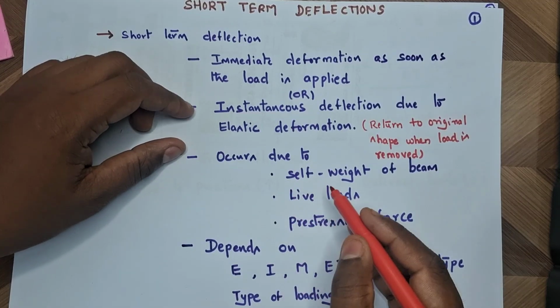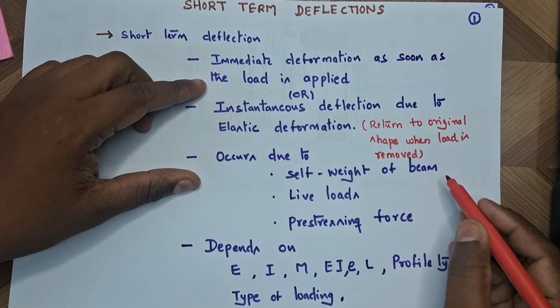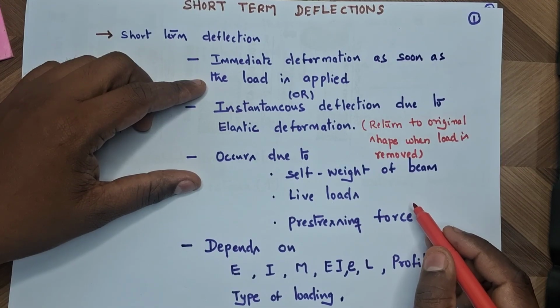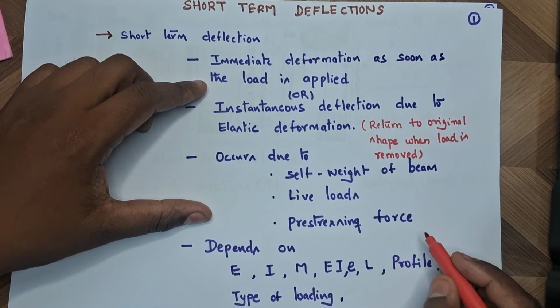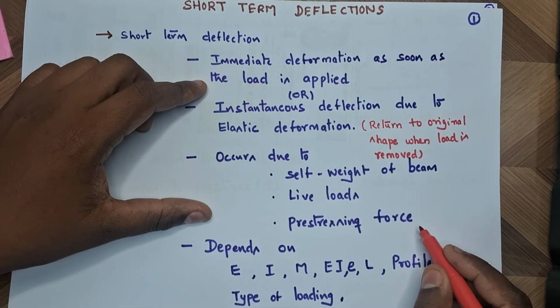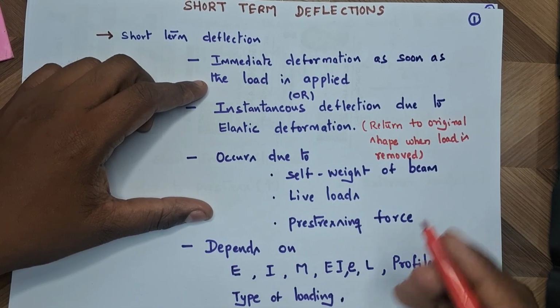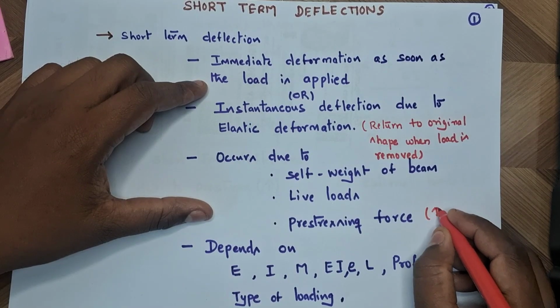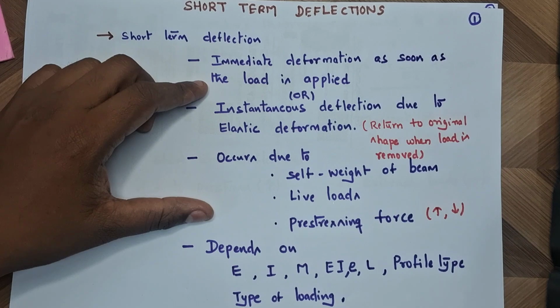Generally, these short-term deflections occur due to self-weight of the beam, live loads like traffic loads, floor loads, etc., and the prestressing force itself, which may cause upward or downward deflection depending on the tendon profile.